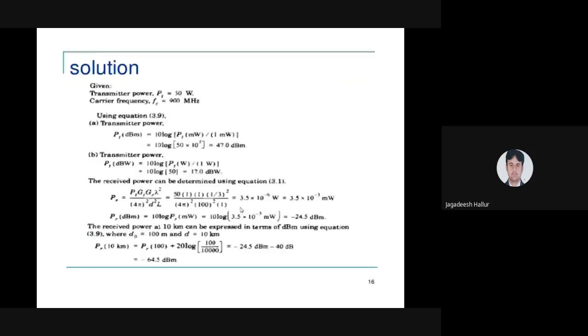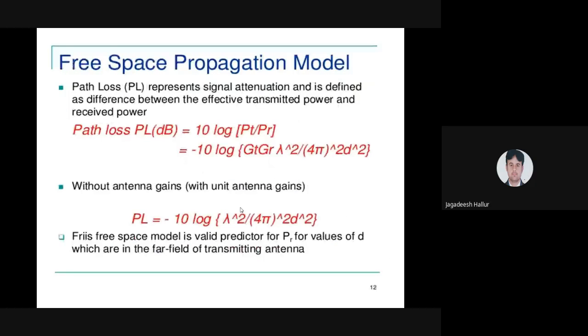Based on this example, tomorrow's lecture we will solve 3 to 4 numerical examples so that you come to know how to solve the examples for this space propagation model. Okay, got it? Yes, sir.